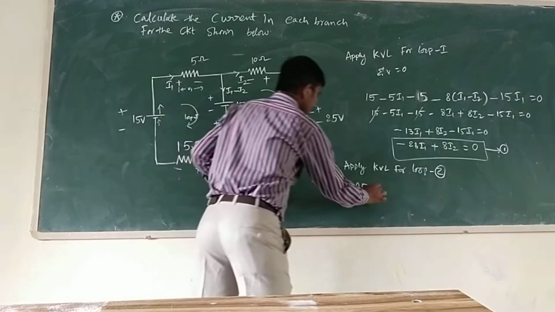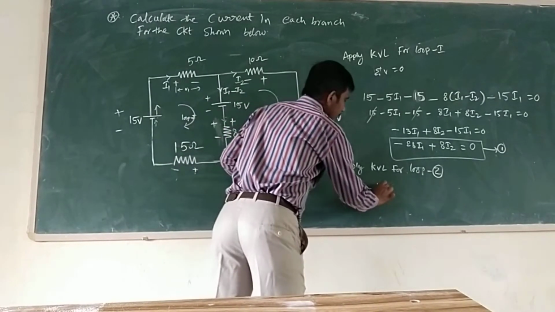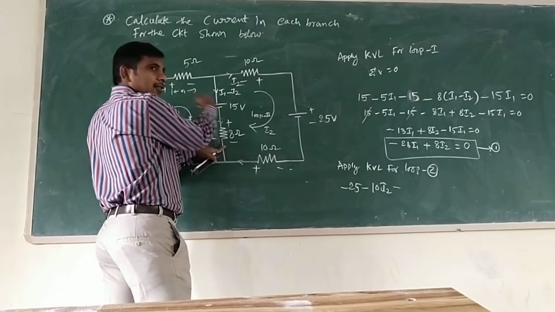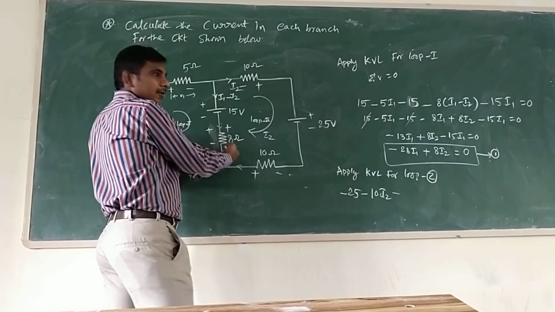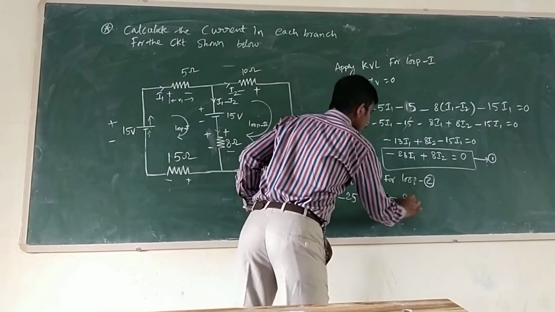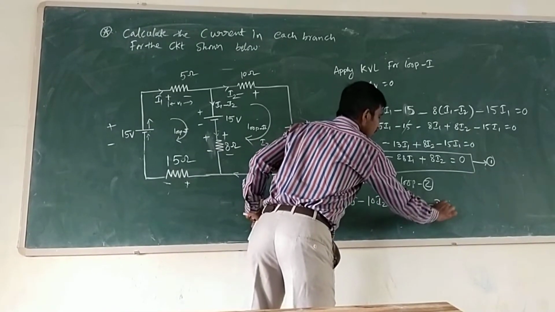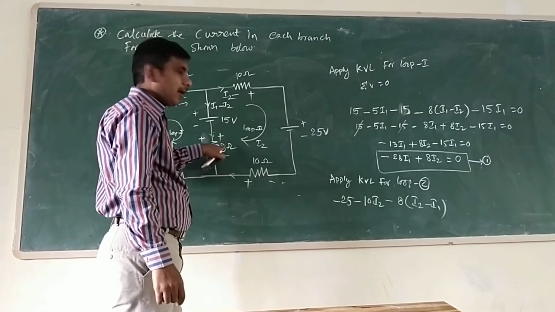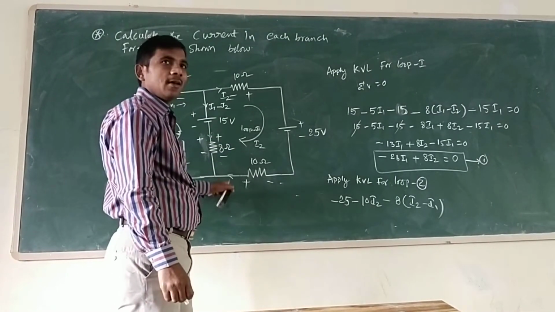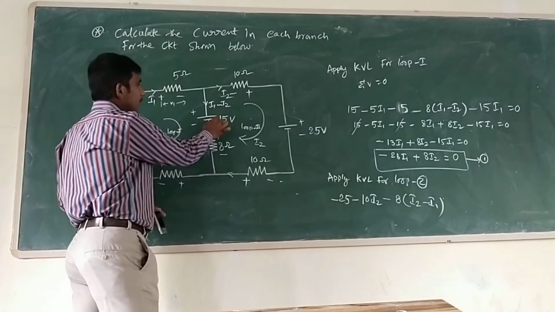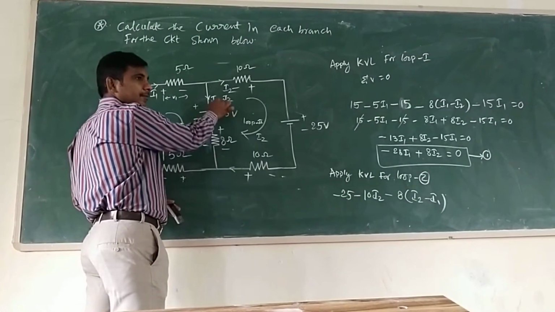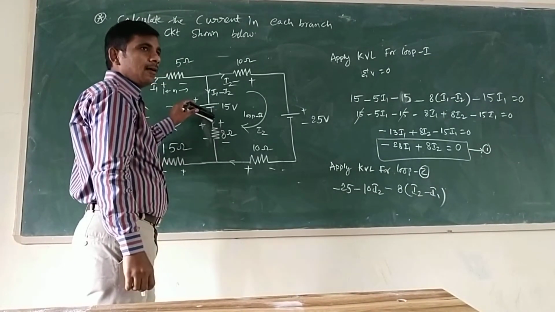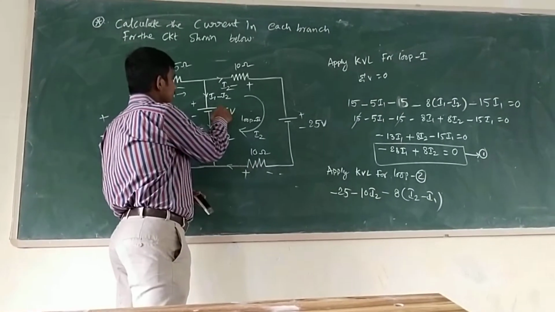Now it is minus 10 I2. Minus. Now not only I2 current, another current also will come here. Now 8 (I2 minus I1). Our current is I2, another current is coming downwards, that is I1. 8 (I2 minus I1). After that it is minus to plus, always.